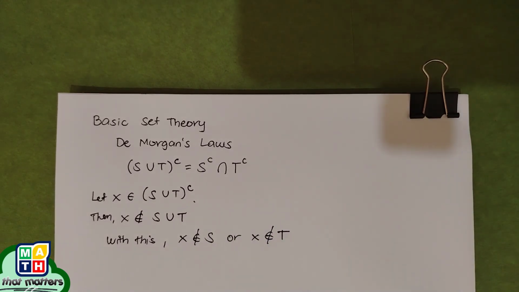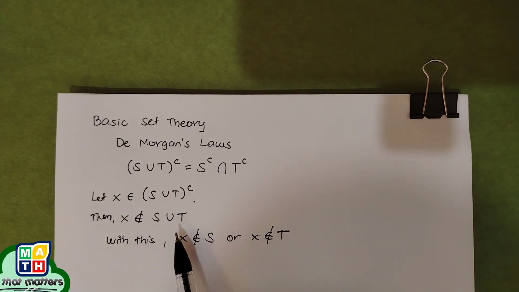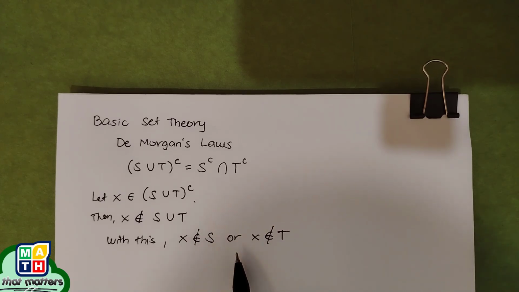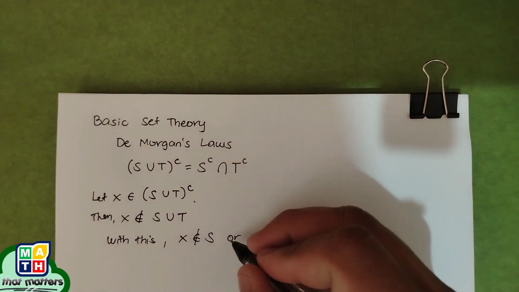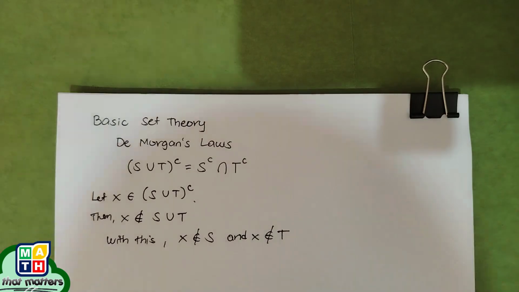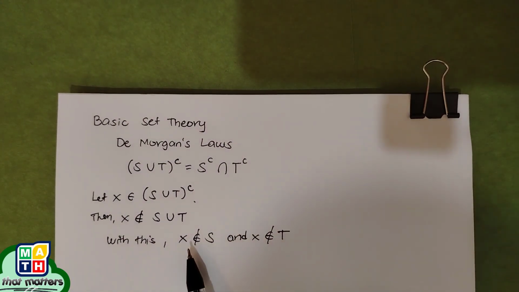So if it's not an element of the union, then it's not an element of S and not an element of T. Sorry, it should be "and": it should not be an element of both.